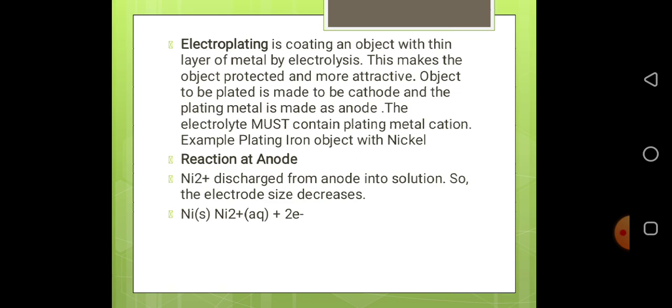Reaction at the anode: nickel atoms dissociate to give nickel ion plus electrons, discharged from the anode into the solution, so the electrode size decreases.